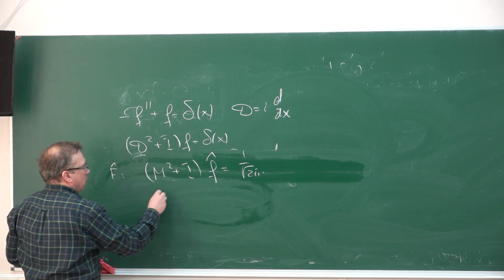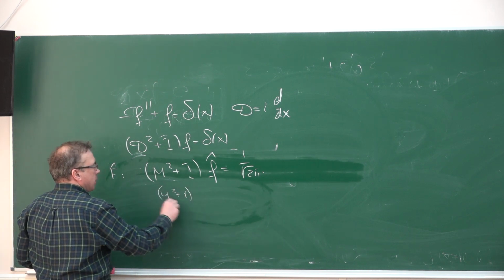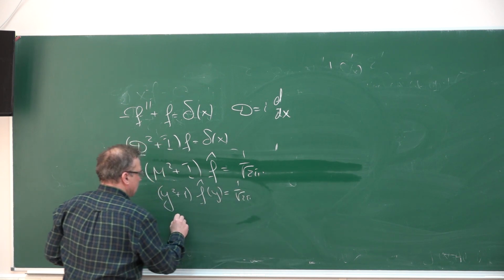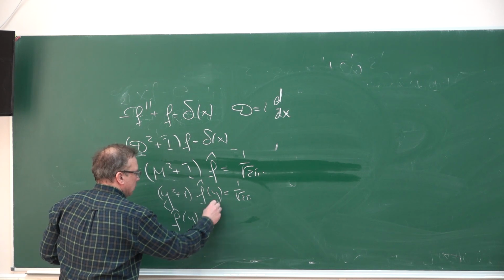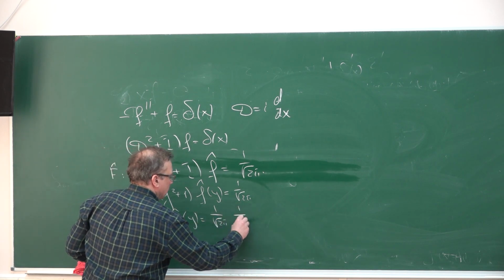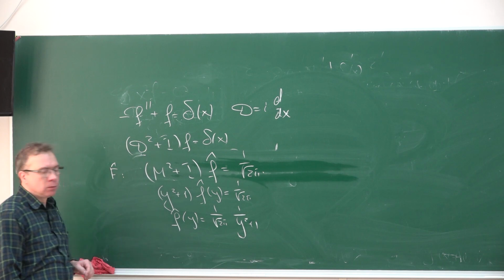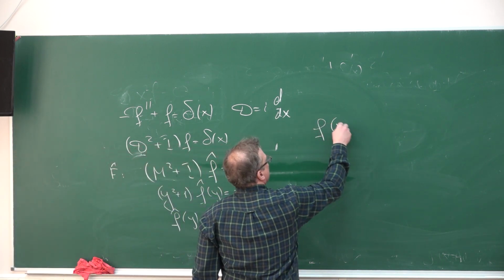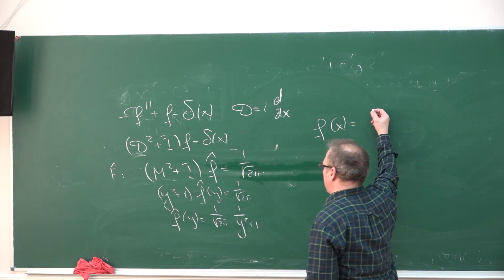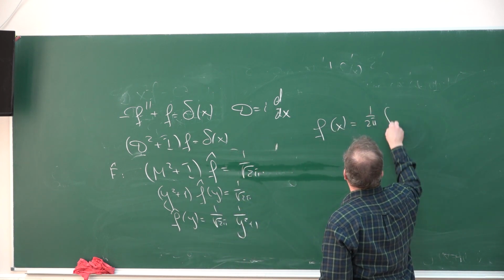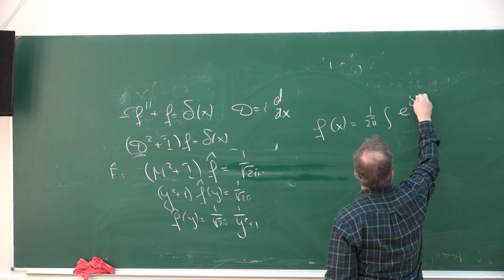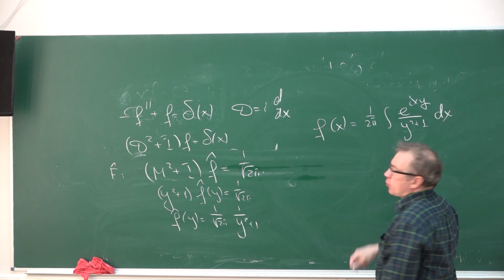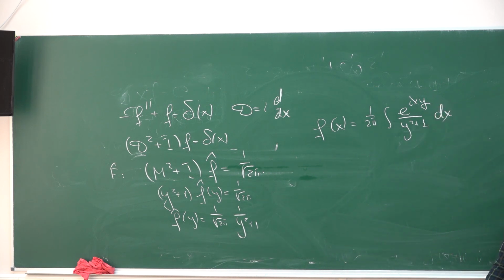So it is y squared plus 1 times f hat, and so you obtain your solution with the help of the inverse Fourier transform. Yes?